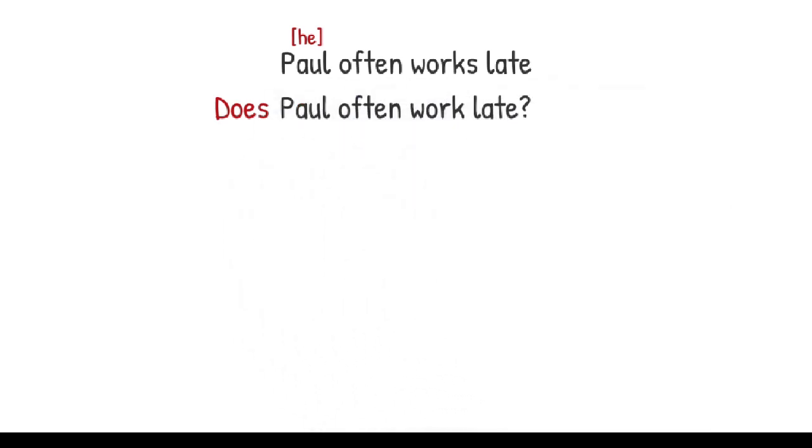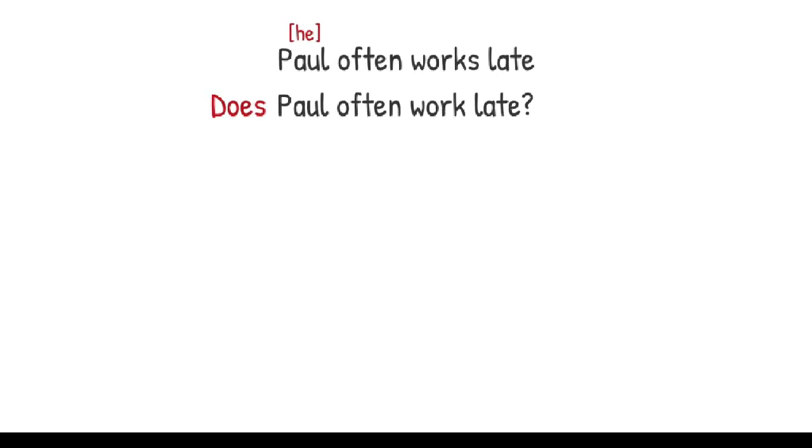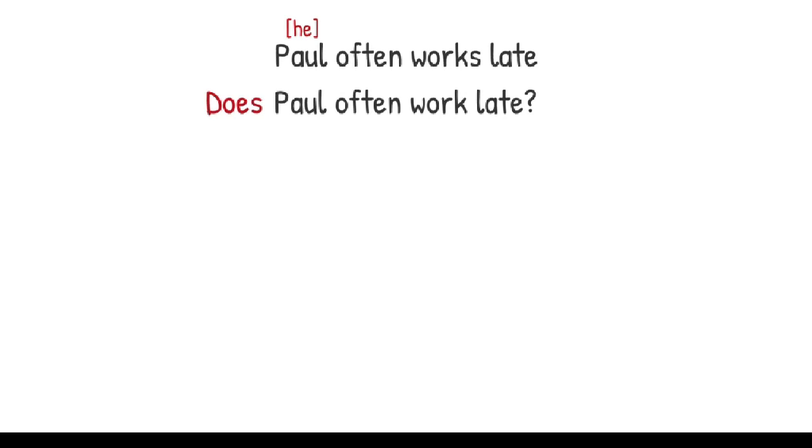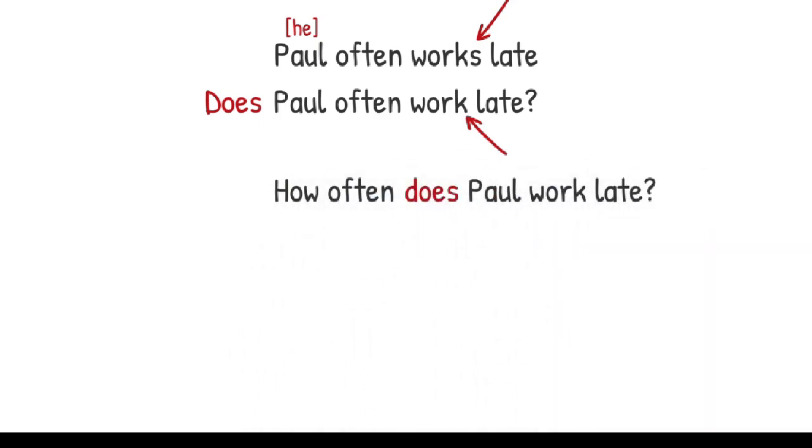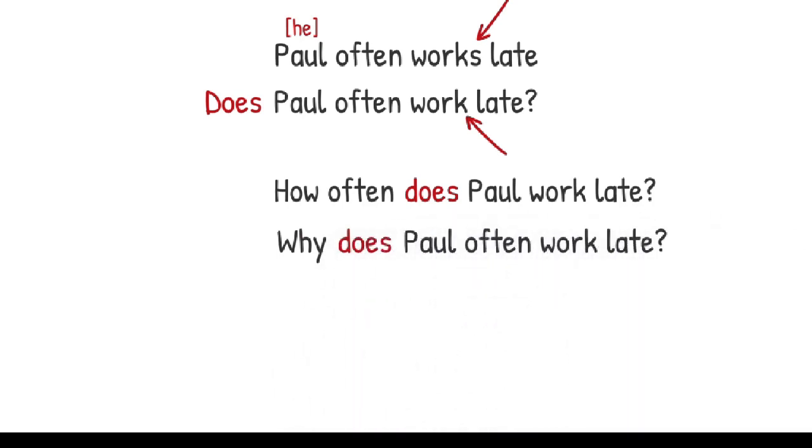Does Paul often work late? So the auxiliary verb does goes before the subject Paul, and we removed s from the verb. How often does Paul work late? Why does Paul often work late?